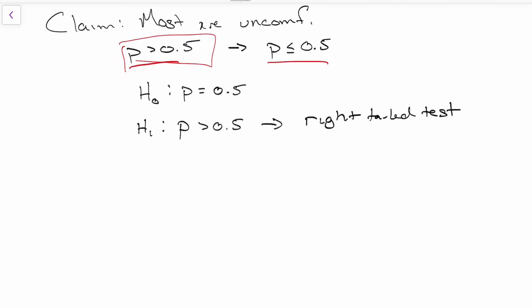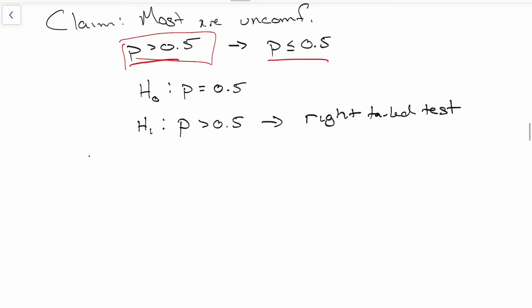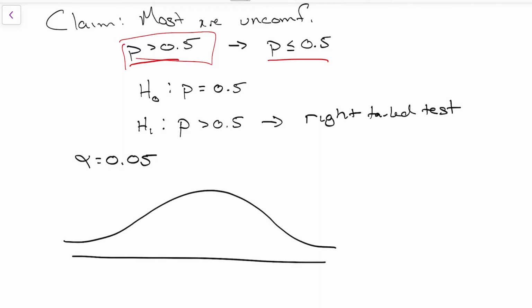What is not stated, but will be in every other example we have, is the alpha level, our significance level. And in this case, our significance level is going to be 0.05. And if we recall, what that means is when we have our normal distribution with a 0, our critical value, z, is going to be such that the area all the way to the right of this is my 0.05.